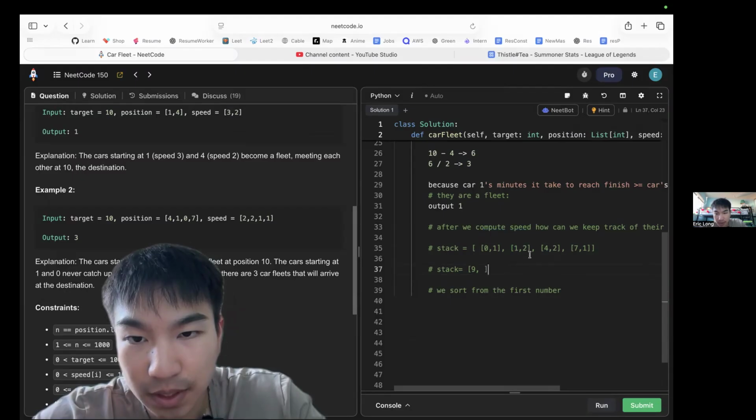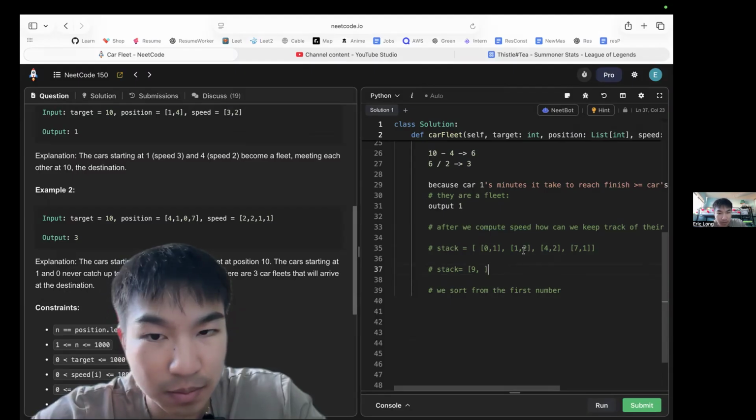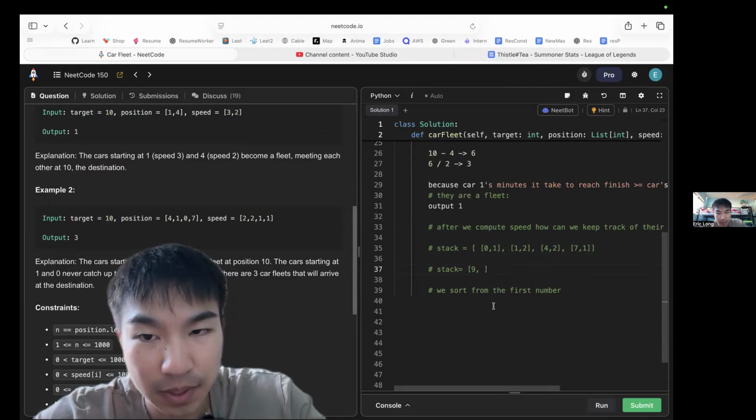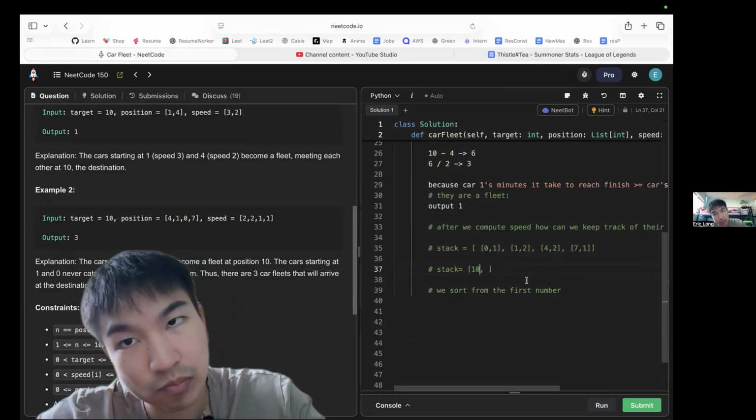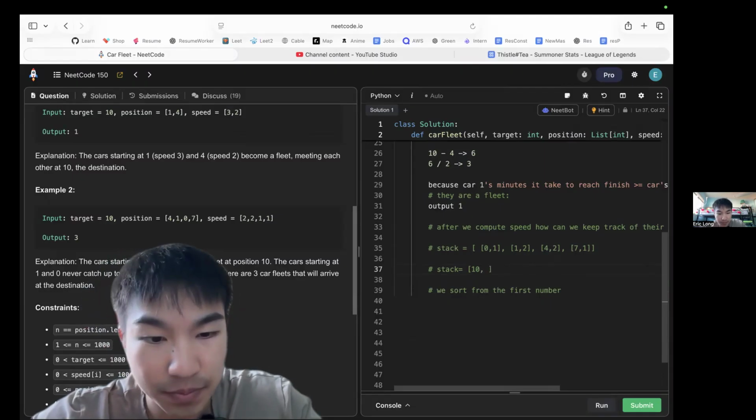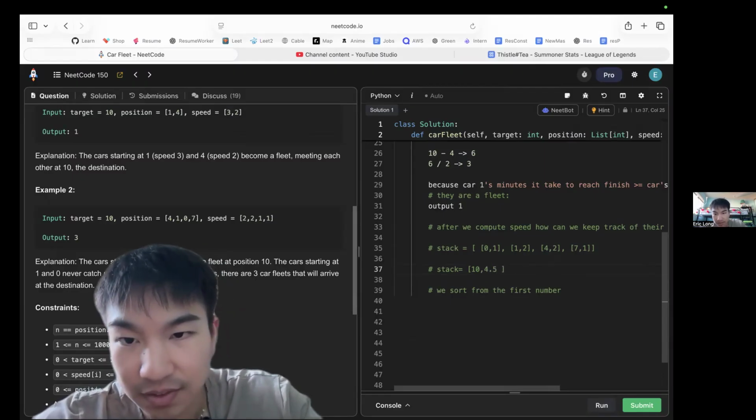2 is the speed. So it'd be 10 minus 1, which is also 9. Oh, this would actually be 10. So 9 divided by 2. Okay, let's just say 4.5. So this would be 4.5.